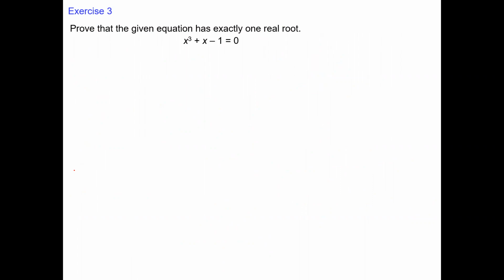Prove that the given equation has exactly one real root. So what we can do? This is asking us, first of all, to prove that just one real root exists.